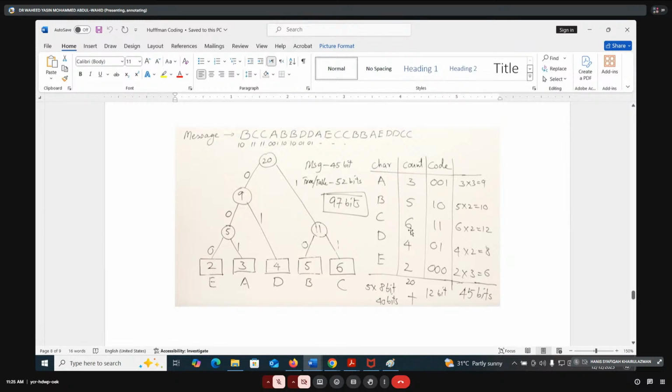So here 12 plus 45 is how much? The message is 45.